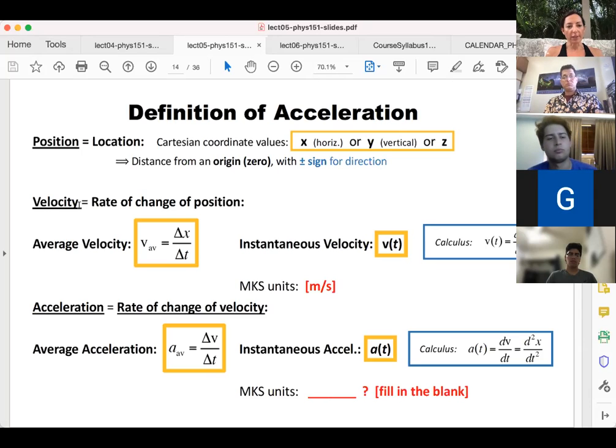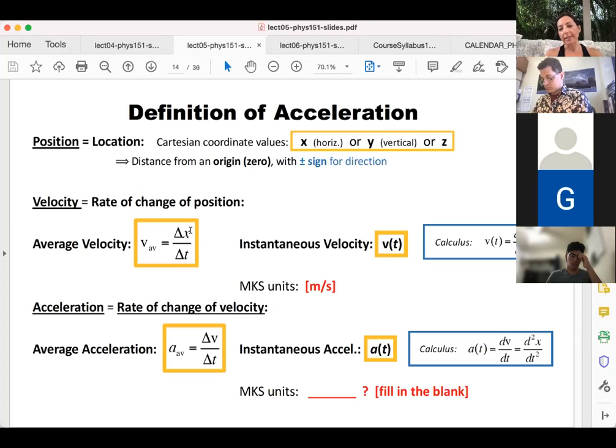Then we have the velocity, which is the rate of change of the position. We saw that if I'm stuck in a position for a certain period of time, it means that I don't have any velocity. While if I change my position, then a velocity must be there. And so how do I find out the value of the velocity? The value of the velocity is provided by delta x over delta t.